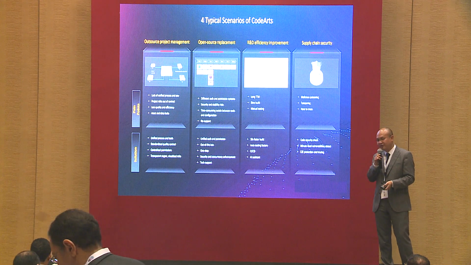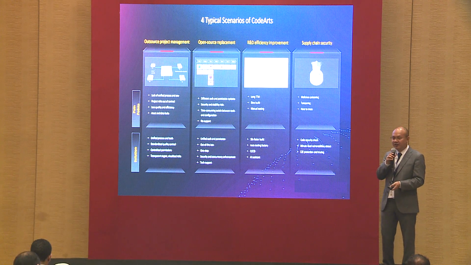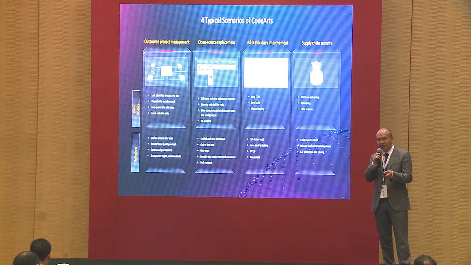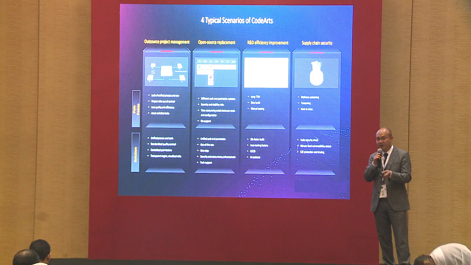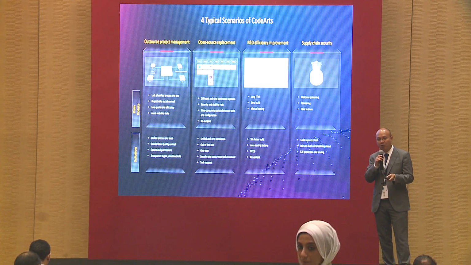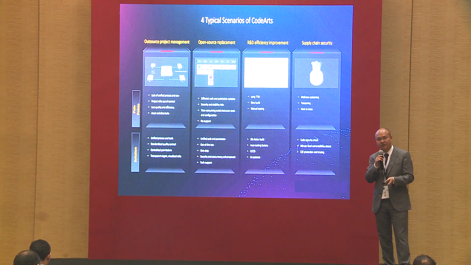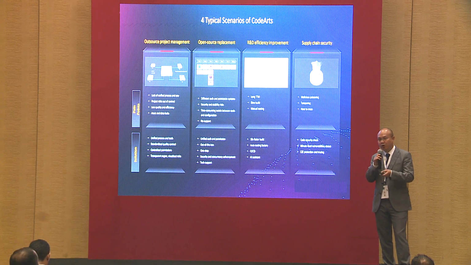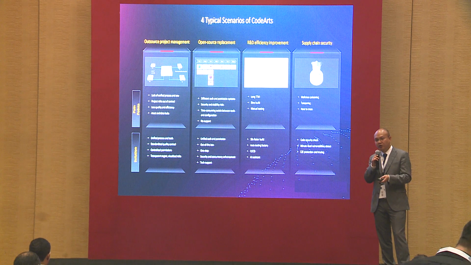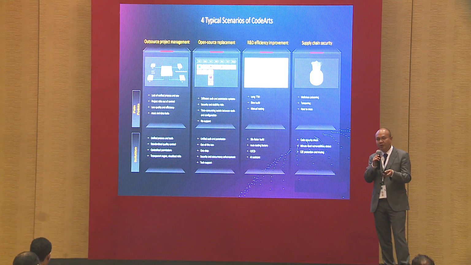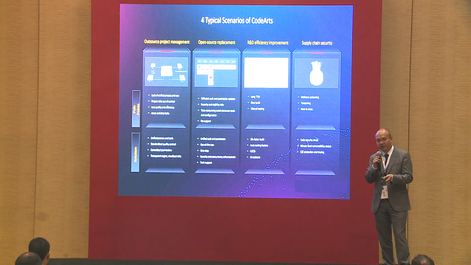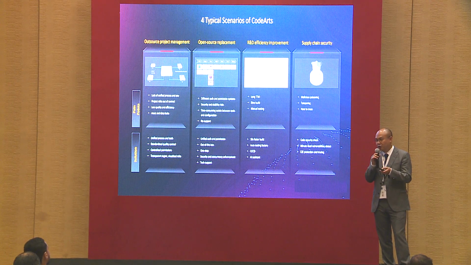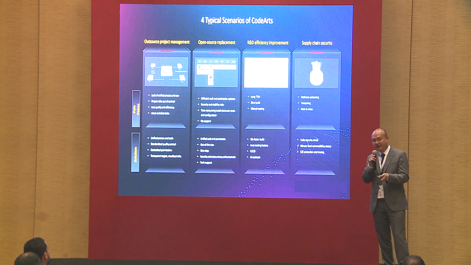The second scenario is open source replacement. As we all know, in the DevOps process we have many different open source tools, but each open source tool has its own auth and permission control system. If you use more than 10 or 20 open source tools, you have to switch between these 20 tools to configure, set permissions, and control access.